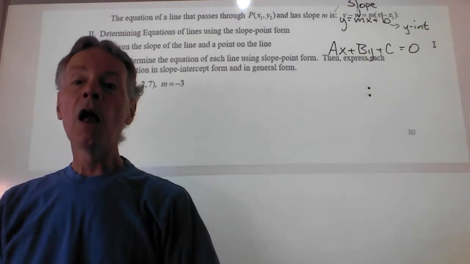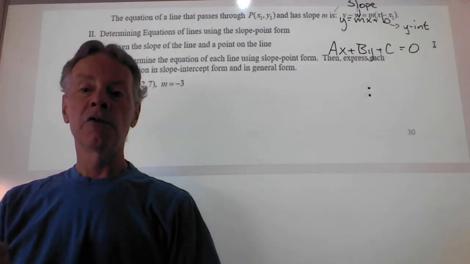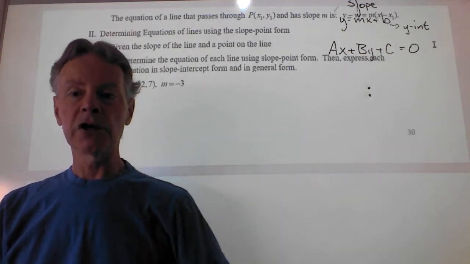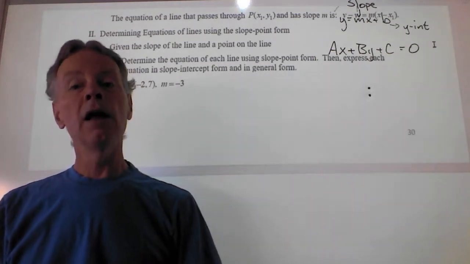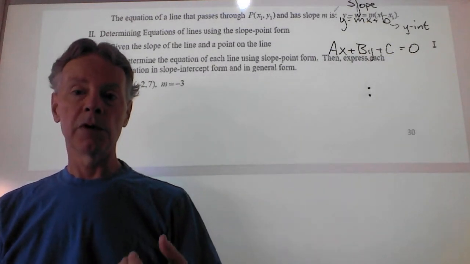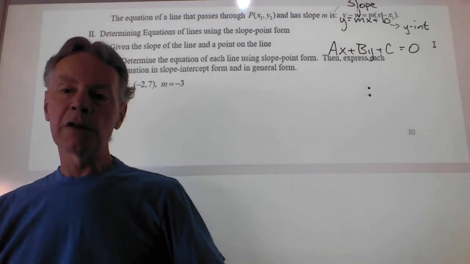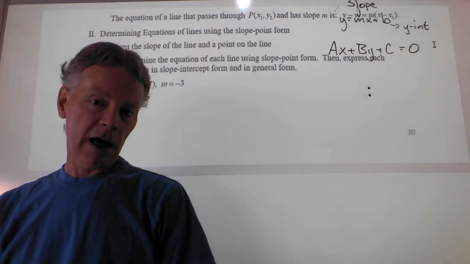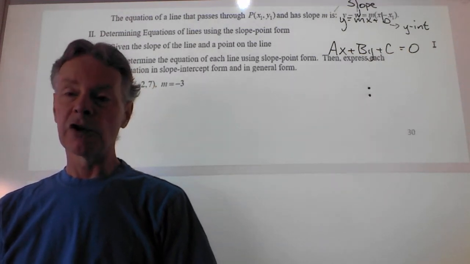So in other words, we're going to have some practice now rearranging from our slope point form of the equation to our slope-intercept form, y equals mx plus b, and to our standard form, ax plus by plus c equals 0. And by the way, I have a bad habit of calling it standard form. That's just another name for general form.